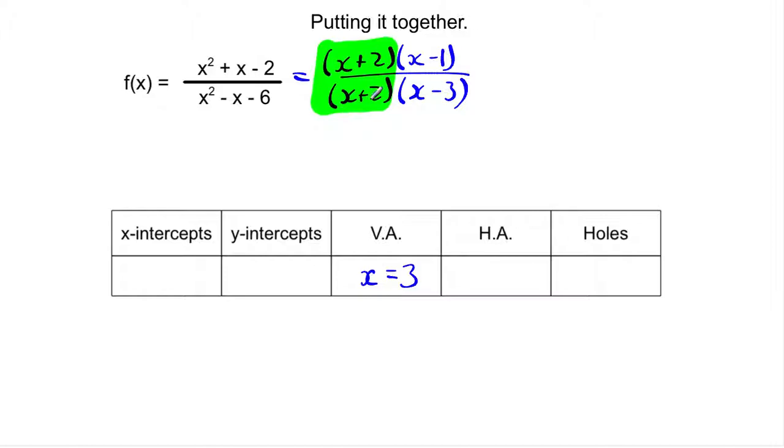That means that the hole is going to be x is equal to negative 2, because that is a factor in both numerator and denominator. The horizontal asymptote, I look at the degrees. Because the degree in the numerator and denominator are equal, I divide the leading coefficients. So this is y is equal to 1 divided by 1, which is 1.